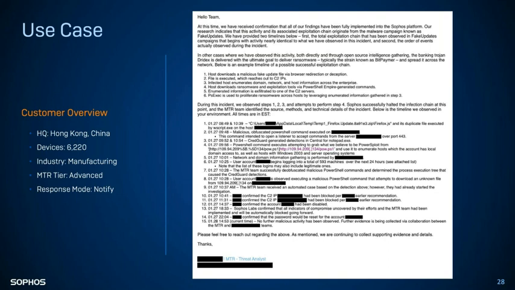So at the end of the day, this was the after action summary that went out for this case. You can see there's a lot of activity that we observed. We saw the file being downloaded, we saw it reaching out to command and control domains, and then other commands through the PowerShell scripts that it was running to enumerate hosts and other things.